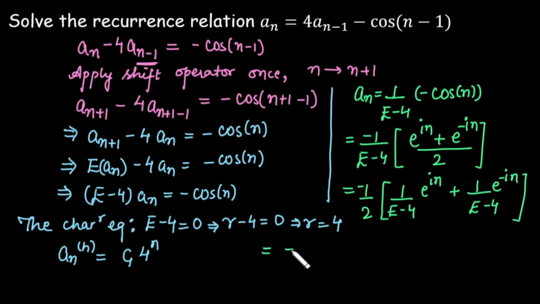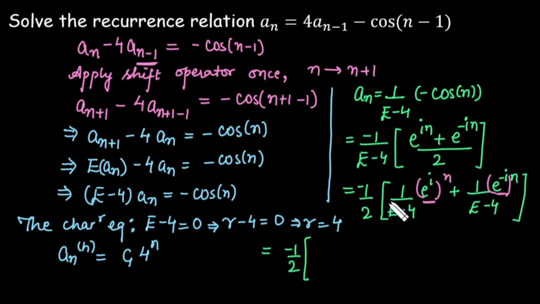This is equal to minus 1 by 2. So here we can write this in form of b to power n, and even we can write this as b to power n. So the value of b is e raised to power iota, in this case e raised to power minus iota.